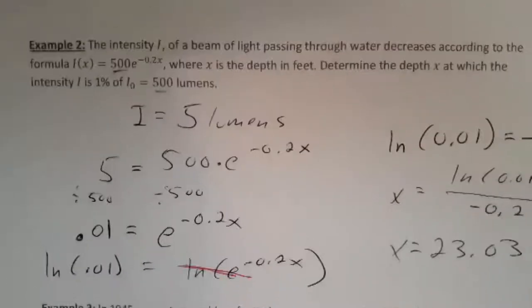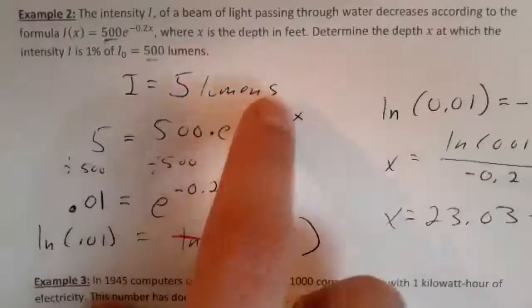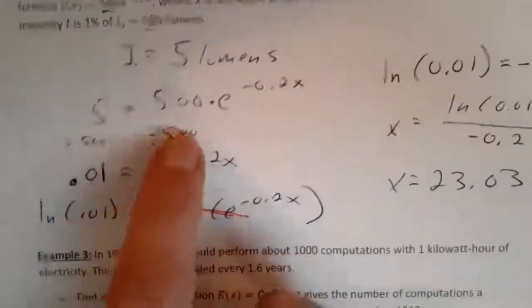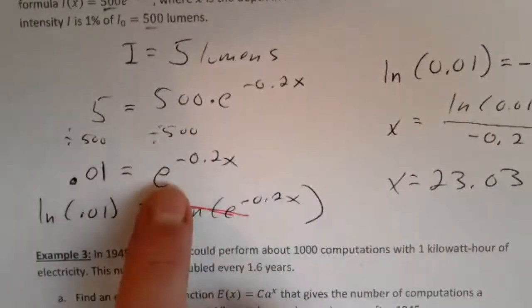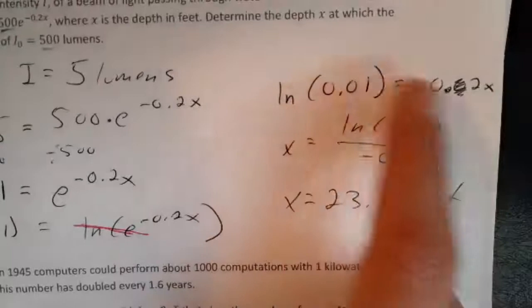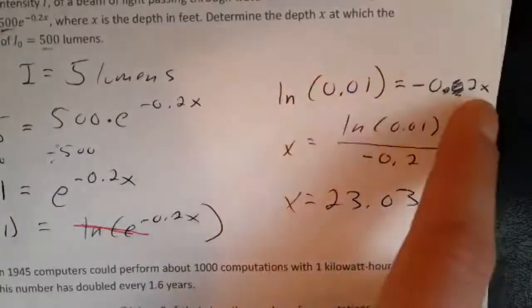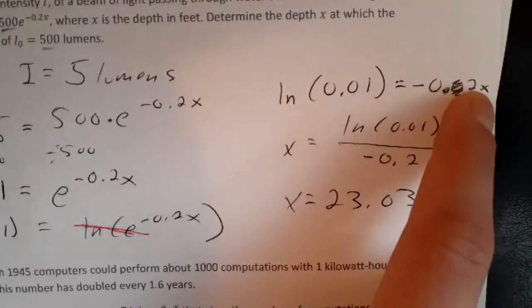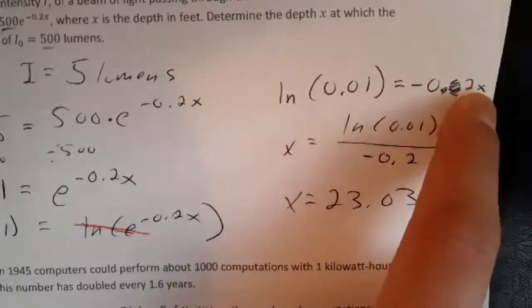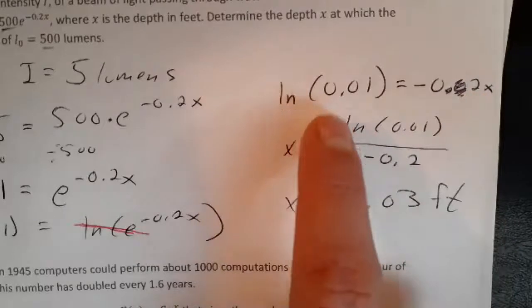So this, I think, was sort of like I was talking about. They can give us an X to plug in here, or they can give us a Y. If they give us a Y, we're back solving on an exponential where we get this exponential by itself. We undo the exponential with the log. After we undo the exponential with the log, we solve this thing like we would just about anything else for X. There's this negative 0.2 being multiplied by the X, divide by the negative 0.2.